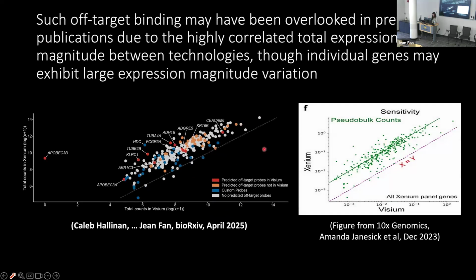But we speculate that such off-target binding might have been previously overlooked due to this high correlation. So this is just a word of caution: correlation between technologies is a necessary but not sufficient metric for consistency, and we should scrutinize individual data points.